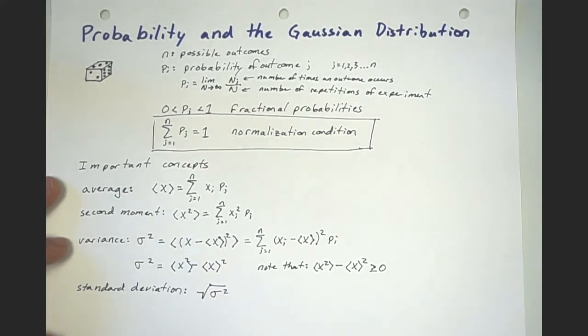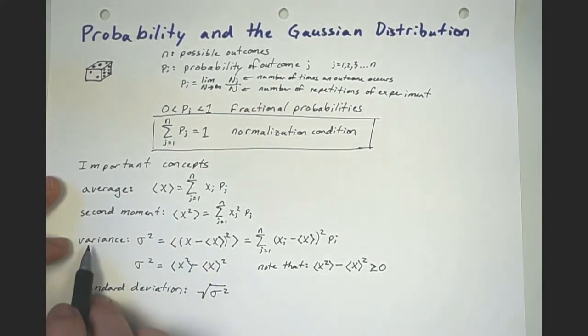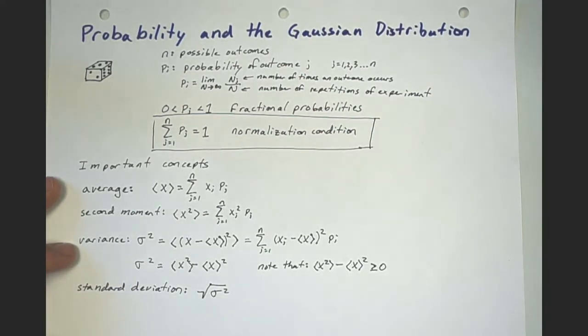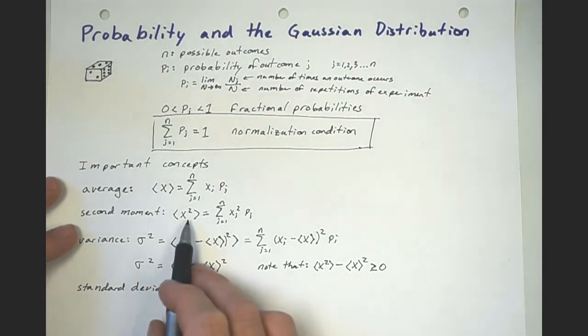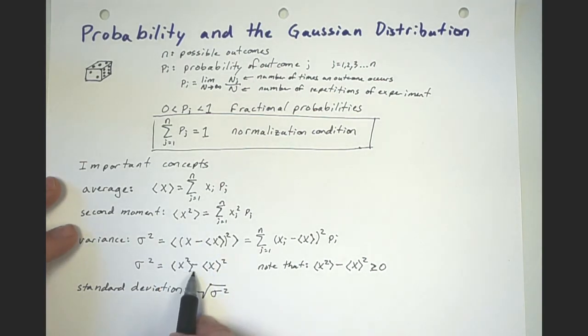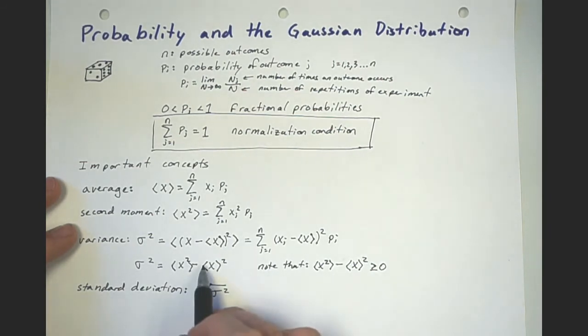Now the second moment on its own is not super useful. We don't really use the second moment very much, but we do use the variance. There are a couple of different ways of defining the variance, but we can show that the variance, or sigma squared, is equal to the second moment, the average of x squared (the squared is inside of that angle bracket), minus the average of x, quantity squared.